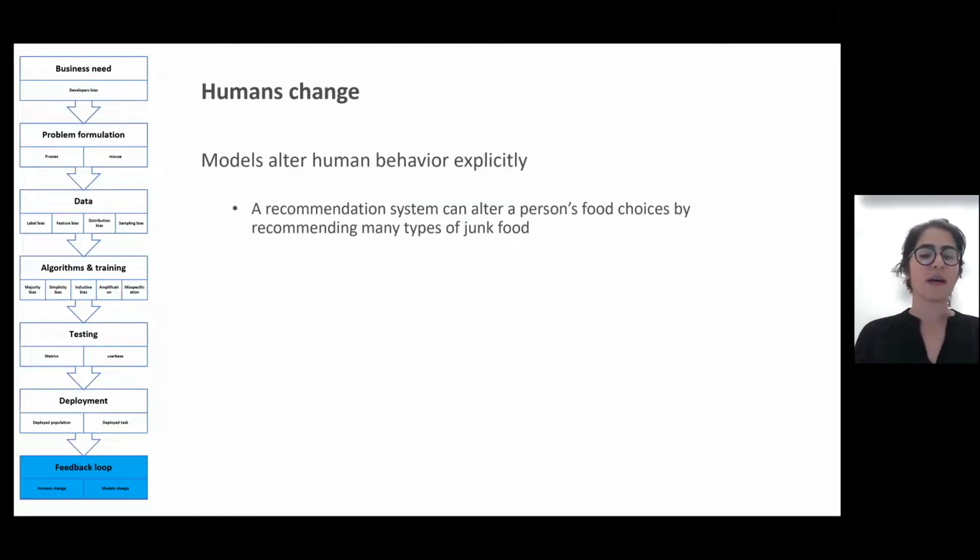Let's first talk about how humans change according to the model's decisions. The first is that models can alter human behavior explicitly. For example, some work shows that if a recommendation system keeps suggesting junk food to a person, it might actually change the person's behavior and their food choices.